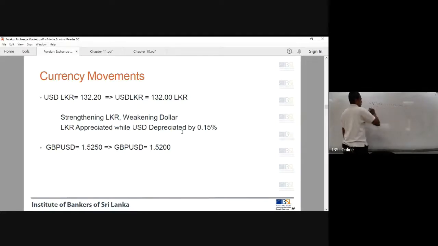First currency, that is the sterling, is the base. The exchange rate has gone from 152.50, it has reduced to 152. That means the base currency has weakened. Right? Base has weakened by 0.5 divided by 152 into 100%. By 50 basis points, it's called.